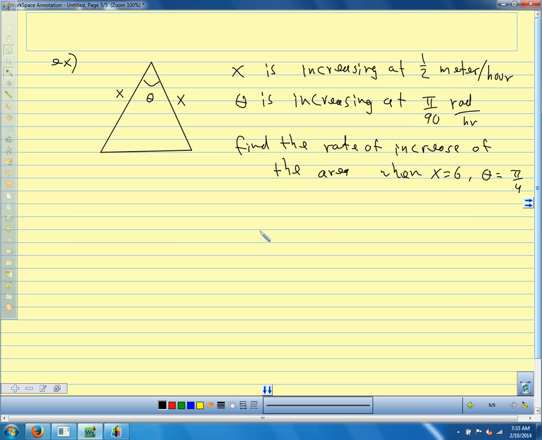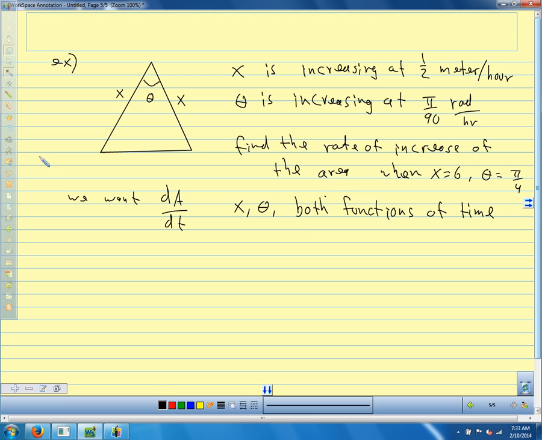So we want the rate of change of the area with respect to time. x and theta are both functions of time. So we have our area depending on x and theta, and x and theta both depend on time, so we're going to be using a chain rule.